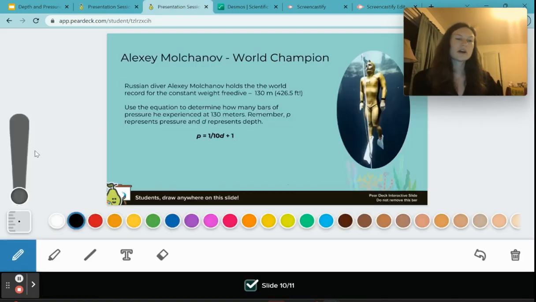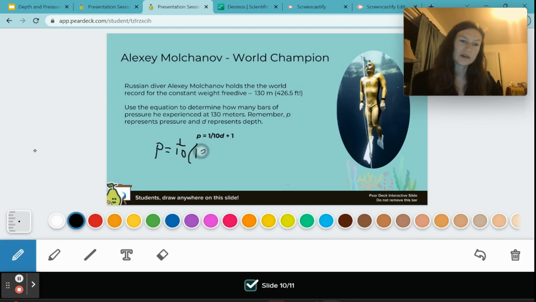Okay, so let's do this. Some of you have this exact thing. You did it perfectly. We're solving for P, which is pressure. So we're going to take 1/10 times, we'll substitute 130 for the depth, plus 1. Now, 1/10 times 130 is 130 over 10. We add that 1. 130 over 10 simplifies to 13, plus 1.